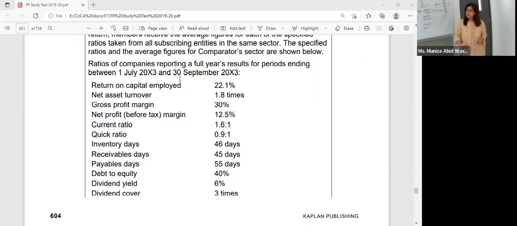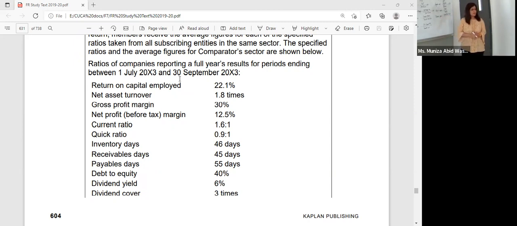Then we have dividend yield. Yes, students. What is the formula of dividend yield? Tell me. Dividend per share. Very good. Divided by latest... current share price.